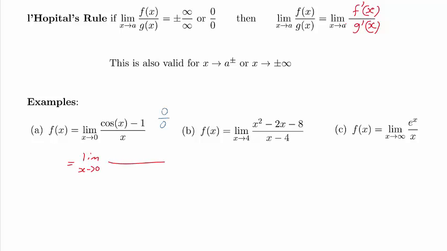The derivative of cosine of x is negative sine x. The derivative of 1 is just 0. And the derivative of x is 1. Now we apply the limit, and this becomes negative 0 over 1, which is just 0. And there it is. That's our answer.